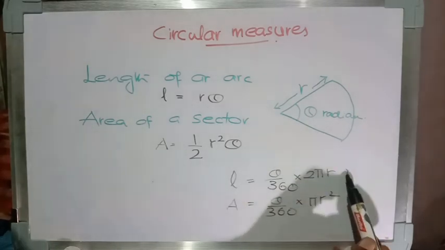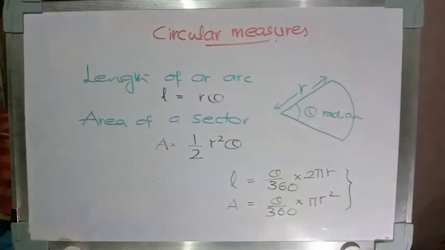This one we use when we use degrees. But when we use a radian measure or circular measures, we use the length of an arc as r theta and area of a sector as half r squared theta.